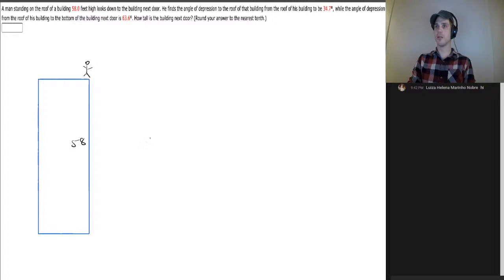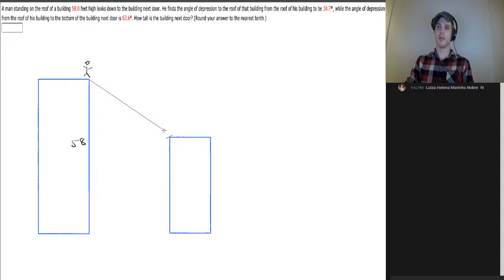This guy is looking down to the building next door, which is also a blue building. And we're going to assume that these two buildings are on the same level of ground. He finds that the angle of depression to the roof of the building next door, from the roof of his building, is 34 degrees of depression. So this one.